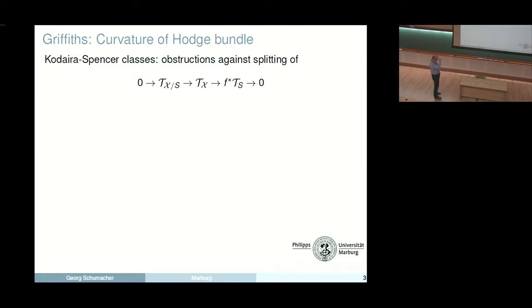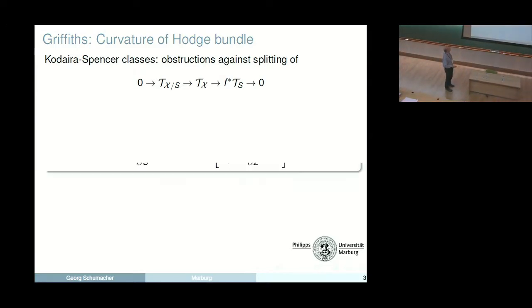So we look at sheaves of holomorphic vector fields. First the ones which are tangent to the fibers, this is T_X/S. These are sitting in the sheaf of all holomorphic vector fields, and the cokernel is generated by holomorphic vector fields which come from the base.